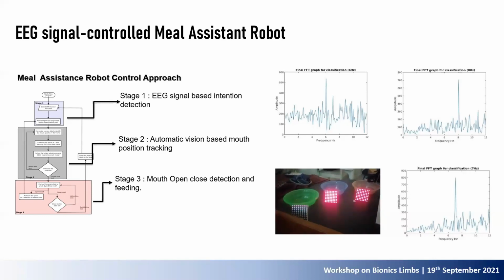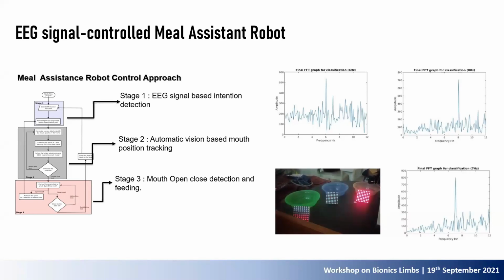Then SSVEP signals are generated from the brain. As you can see from these 3 plots, while he was looking at 6 Hertz, 7 Hertz, and 8 Hertz, the same frequency can be detected from the brain, and we use that to classify the user intention.